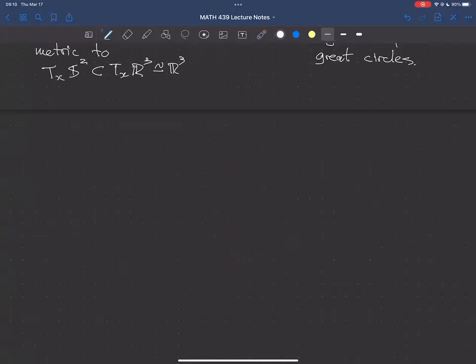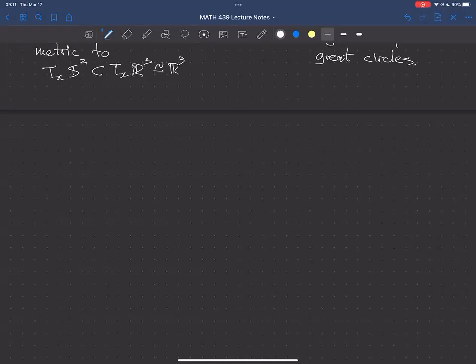So that's one way of thinking about what geodesics are. And geodesics are associated with affine connections. One of the useful things that you can do with affine connections is use them to talk about distance on a general manifold with a Riemannian metric.